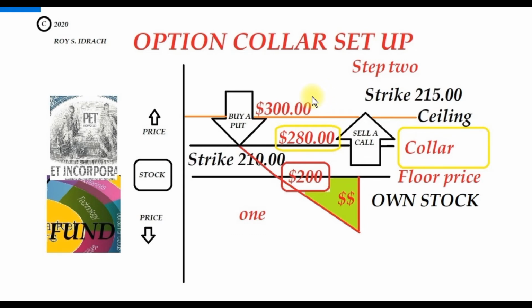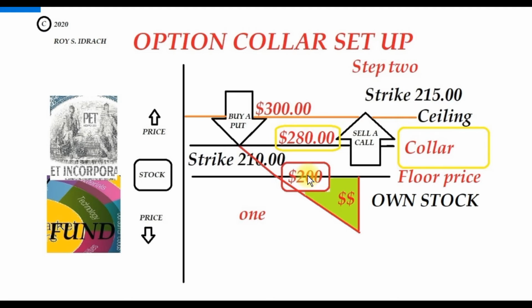Now you turn around and go a little bit higher than the put that you bought at 210, and you're going to sell one at 215, and now you got a ceiling price. The guy that bought the option on step 2 gives you $280. So now your total cost for the option is $20. Very neat, eh? So now the only operation cost is $20.